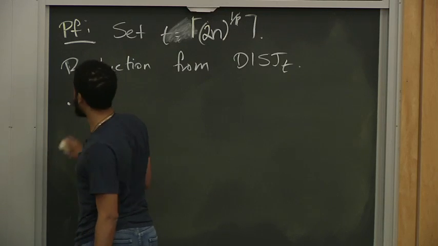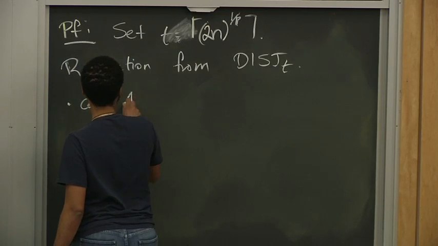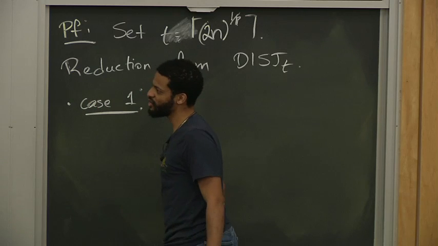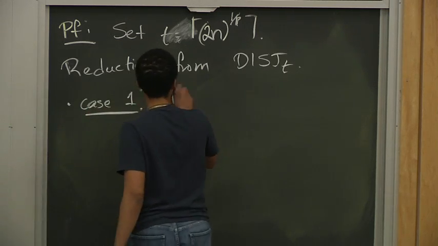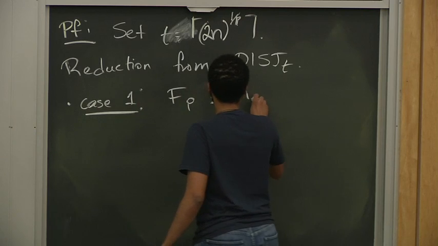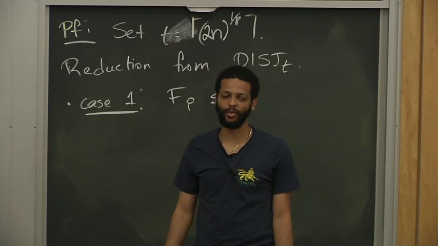Now, let's say there's case 1. In case 1, no one intersects, so every element in the stream has frequency at most 1. This means that Fp is at most n, right? 1 to the p is 1.